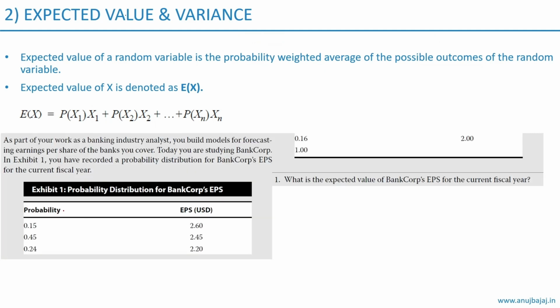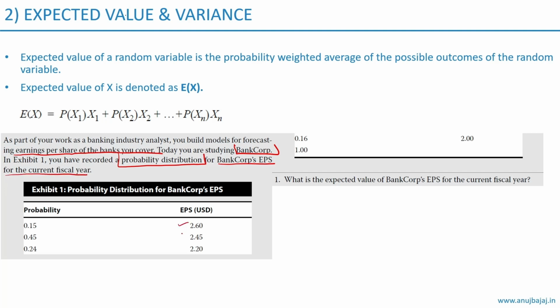Let us look at an example. As a part of your work as a banking industry analyst, you build models for forecasting the earnings per share of the banks you cover. So today you are studying the bank COP. In Exhibit 1, you have recorded a probability distribution for bank COP's EPS for the current fiscal year.